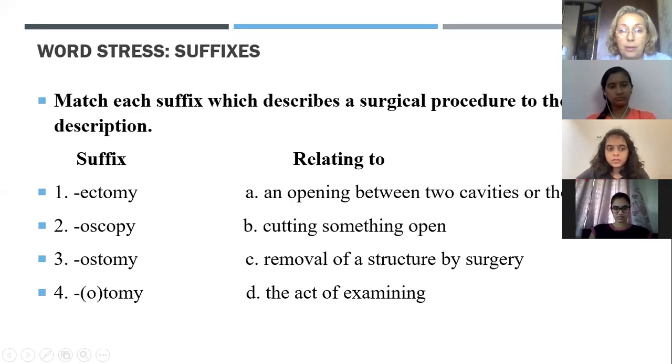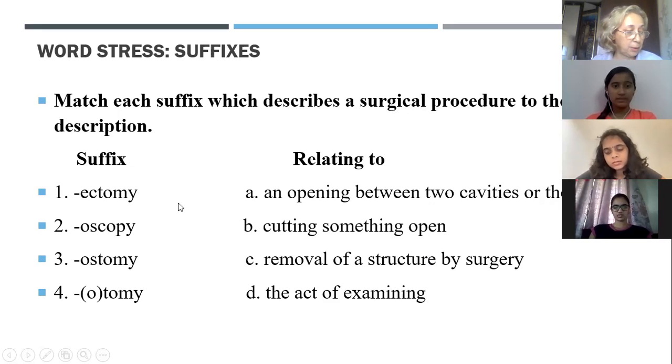Here, to the left, there is a list of suffixes which are commonly used with medical terms, and to the right, a definition, an explanation of their meaning. The task is to match each suffix which describes a surgical procedure to the correct description.